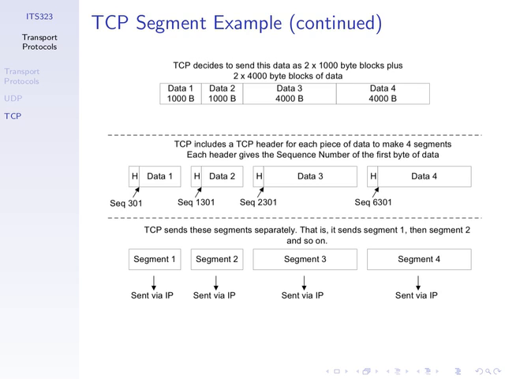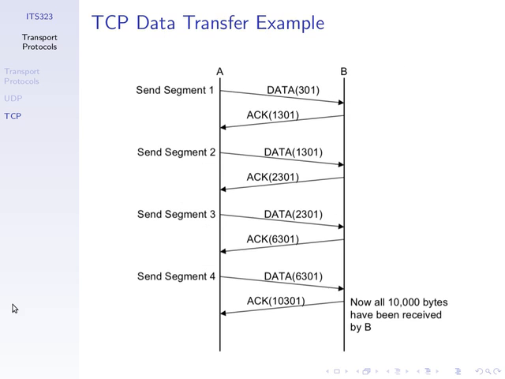It receives sequence number 1301, that's this second segment here, and it contains 1,000 bytes, so it's really sequence numbers 1301 up to 2,300 have been received by B. Therefore, it sends back an ACK saying, I expect 2,301. And we get this if we keep going.